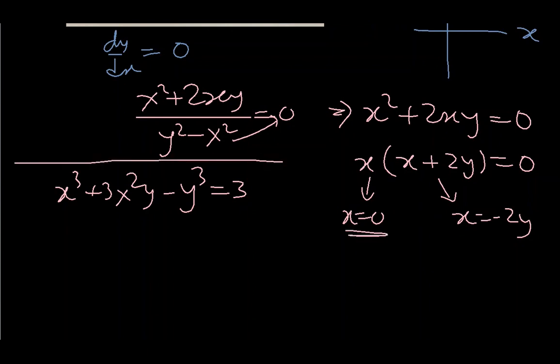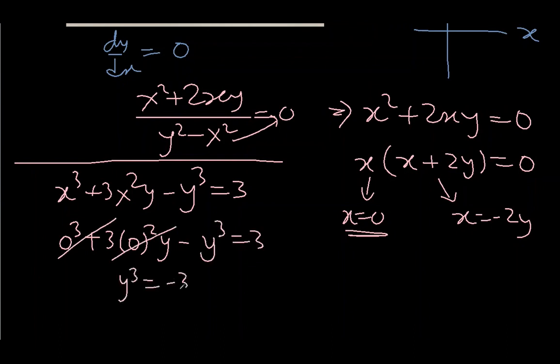So replace x equal to 0, and we'll get the y coordinate. 0 cube plus 3 times 0 square times y minus y cube equal to 3, so minus y cube equal to 3. I hope you understand we can transfer this negative to the other side. So y becomes the cube root of negative 3, which is negative 1.44 almost. So the first point where the tangent is parallel to x-axis is x equal to 0, y equal to negative 1.44.